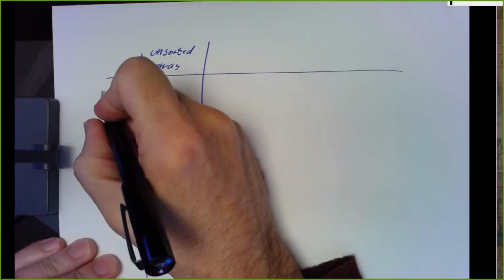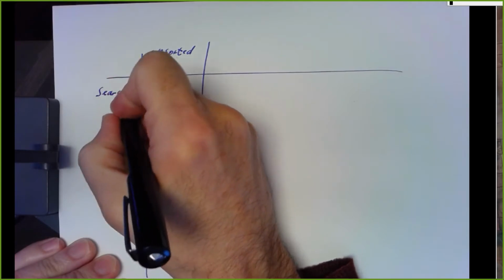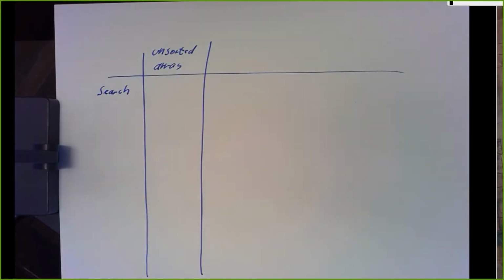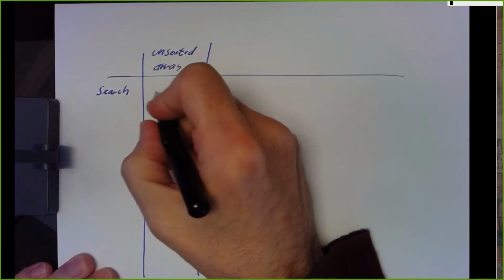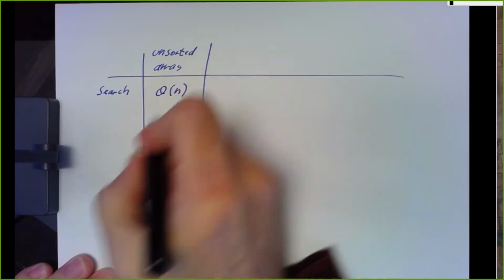Let's start with an unsorted array, and let's think about searching. If you have an array with n numbers in it, and they're not in any particular order, roughly how many steps do you have to do to search for something in that list? Roughly n steps. So this is what we call order n.